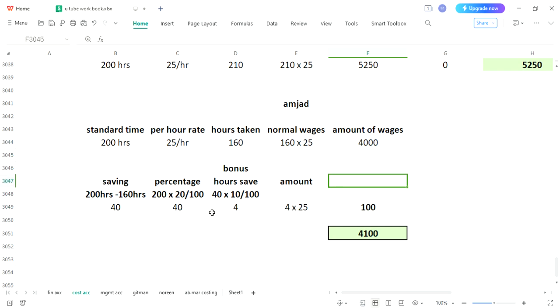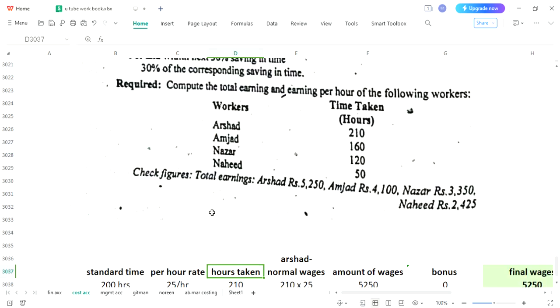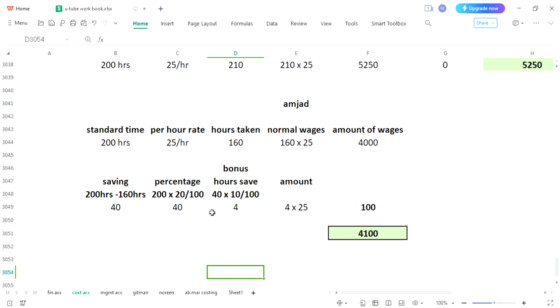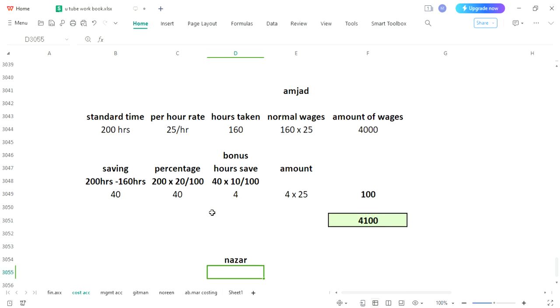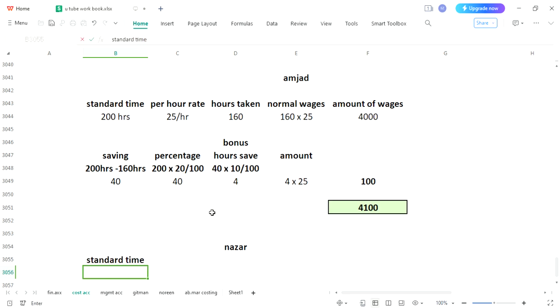Now we will be calculating the amount for the third worker, and let's see who was third. Nazar. For Nazar we will be doing the same thing. First standard time, and this standard time would be similar, 200 hours, and then per hour rate would also be similar for Nazar.